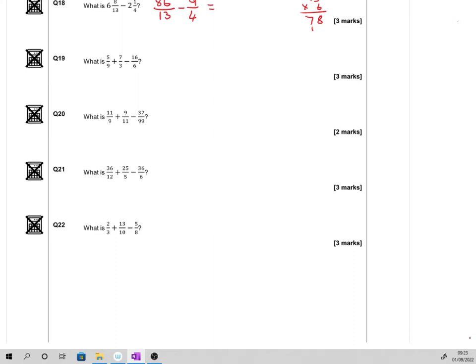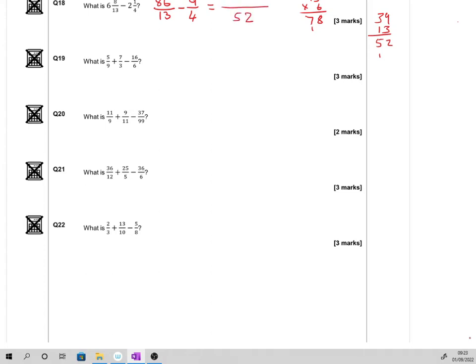That 4 13s, well, I know that 3 of them are 39, so I'll add another one. 9, 10 and 12, 5, 52. So I've got 52 at the bottom.